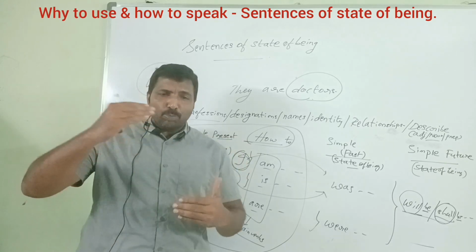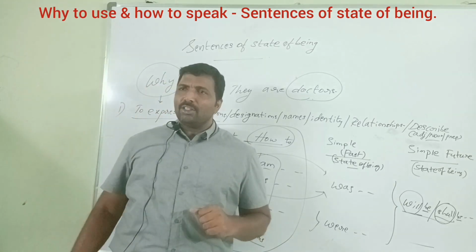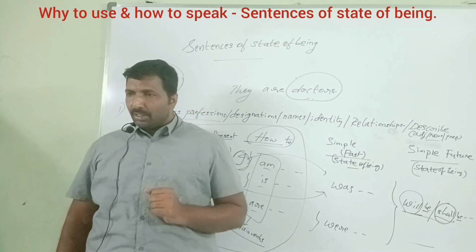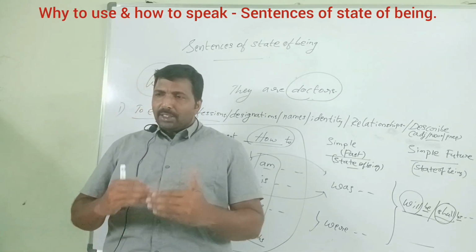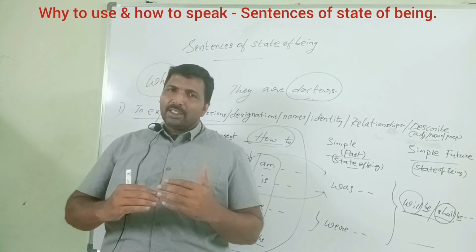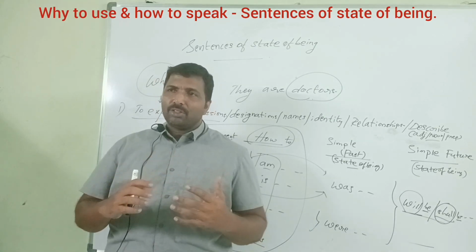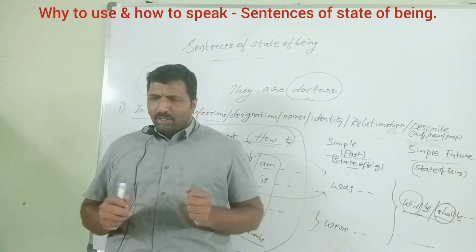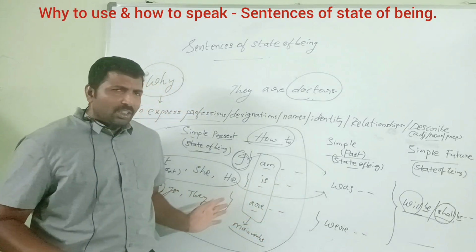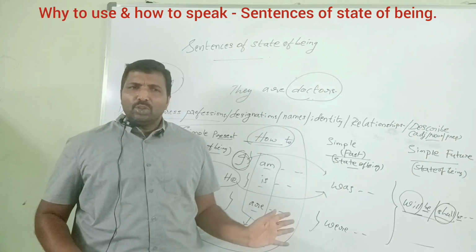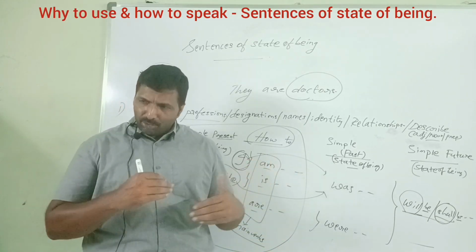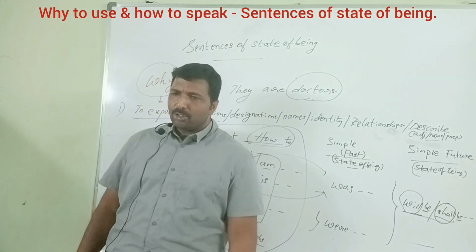Later we will get into possessive sentences and action sentences. Are you okay? Gradually, step by step, we will get clarity on different structures and why to use them. Just keep changing the words in these structures. You can write as many sentences as possible. We will have some more discussion tomorrow. Okay.